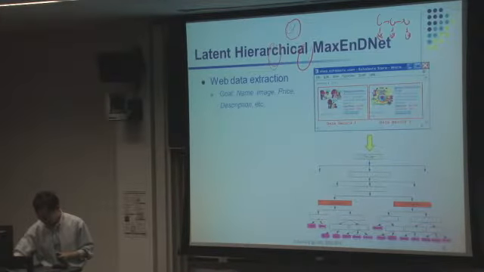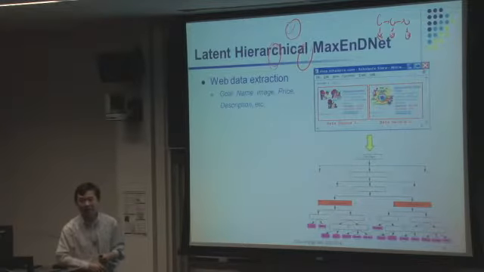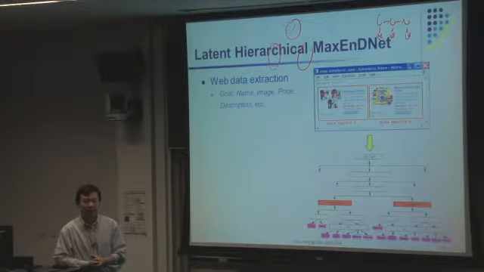Okay, so maybe I should entertain you by asking, why do you think an EM type of idea for maximum margin clustering is dangerous? Can you give me maybe a slightly non-trivial guess?